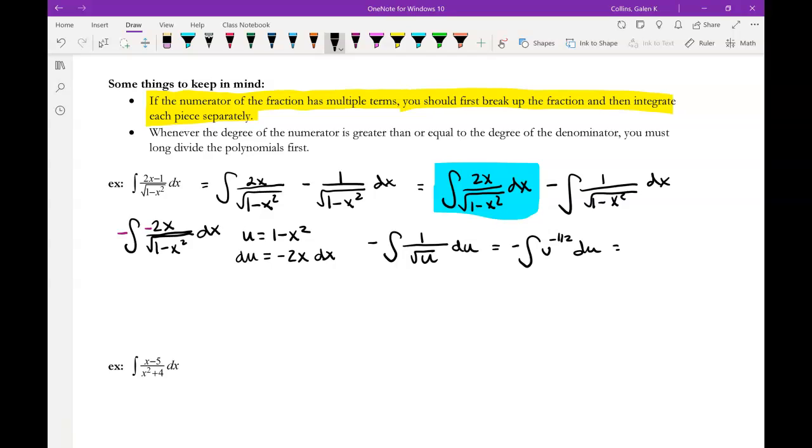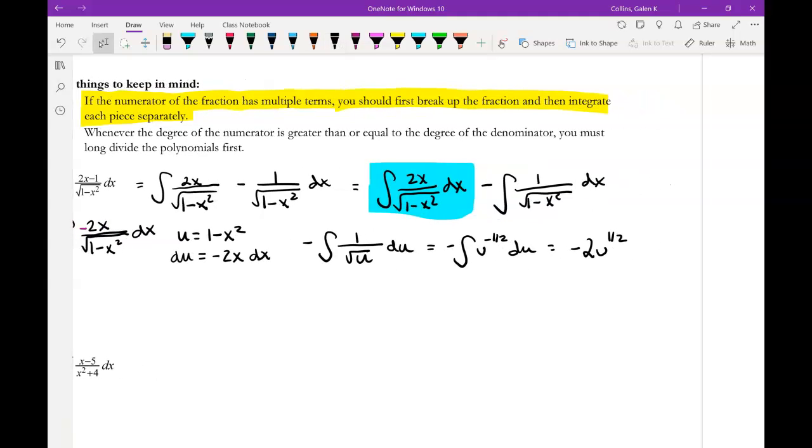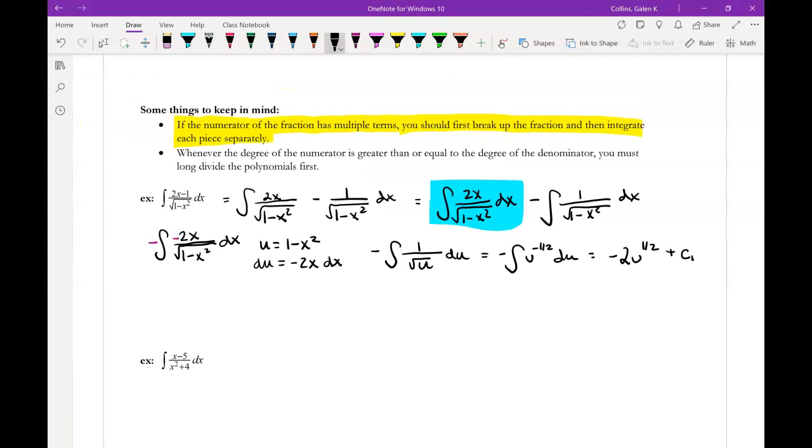Now if I integrate that, I add 1 to my exponent, so negative 1/2 becomes positive 1/2. Divide by my new exponent, or multiply by its reciprocal. Since this is an indefinite integral, I need to give it a plus c. Since I'm going to be working with two integrals, I don't want c to be the same thing, so I'll say c sub 1. That just means it's the first constant of integration. We're going to have a second one.